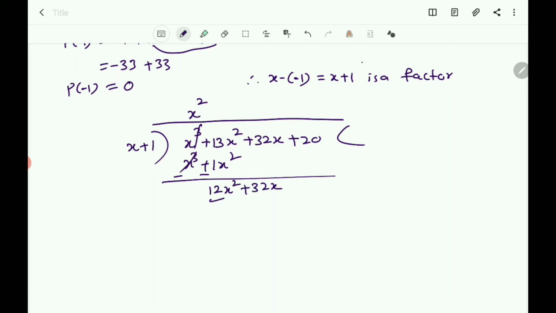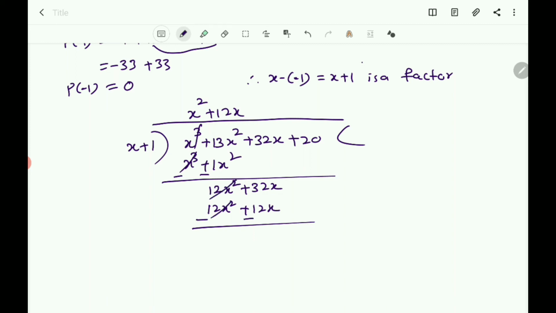Again here 12x square is there. So multiply x by 12x plus 12. Then x into 12x is 12x square and 1 into 12x is 12x. Change the sign.